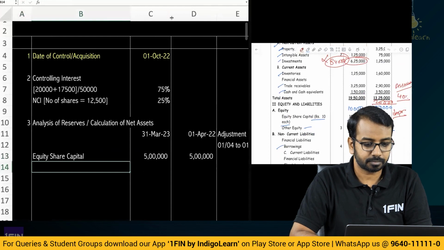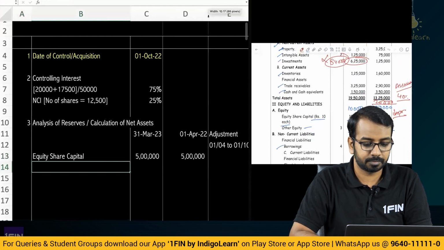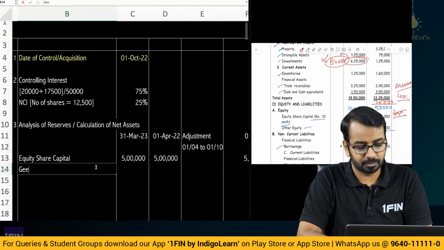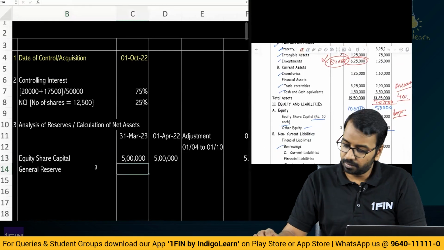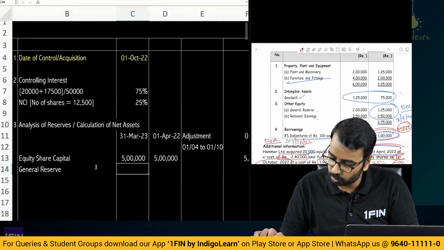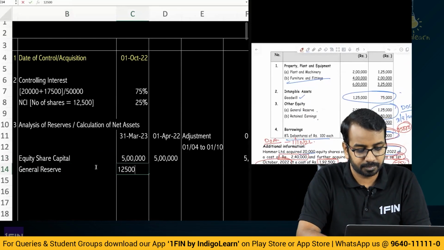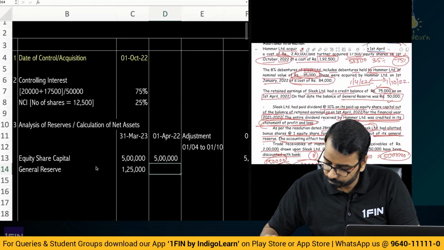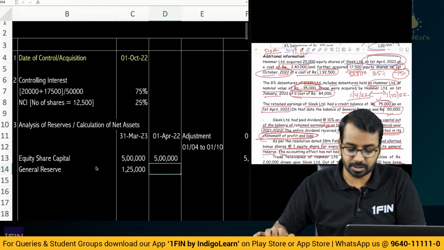Then we have general reserve. General reserve on date of consolidation, that is closing balance, is 1,25,000, and bonus issue has not been accounted for. Accounting effect of bonus has not yet been given.